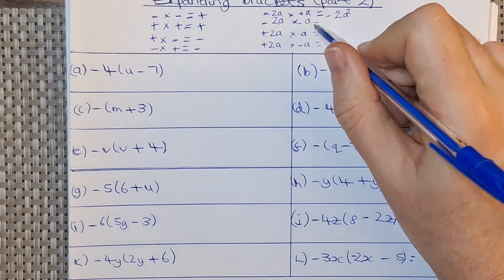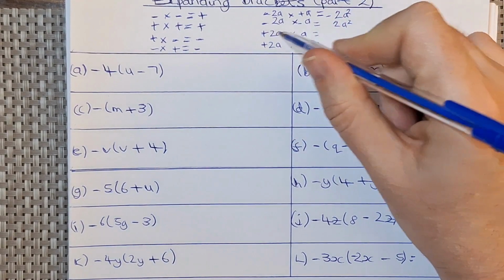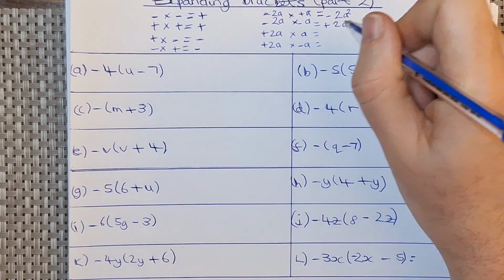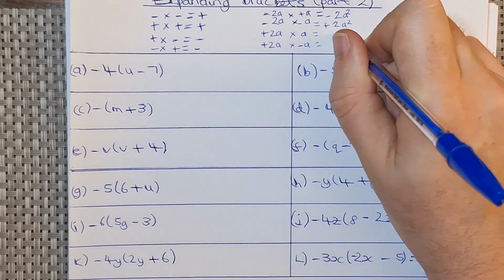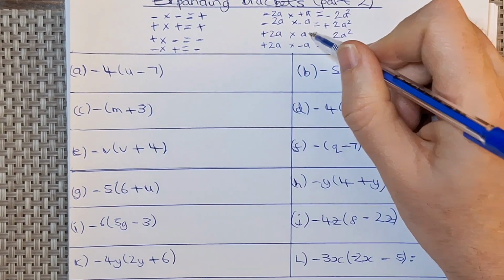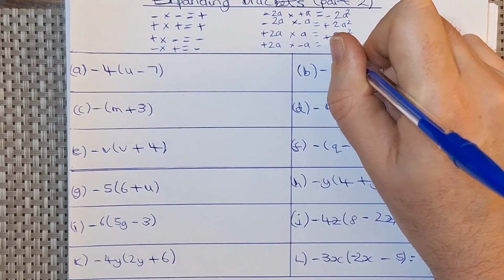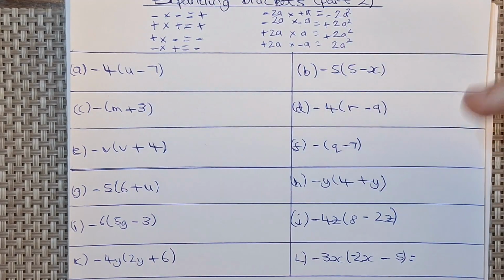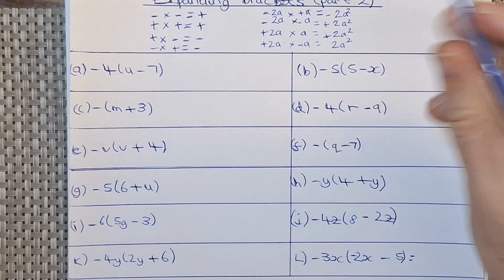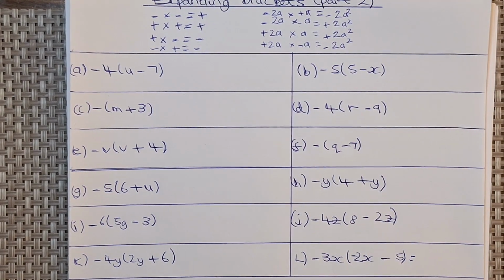Again, 2a squared on each of them. A negative times a negative is positive 2a squared. Positive 2a times positive a is positive 2a squared. And a positive times a negative is negative 2a squared. Okay, so that's our rules, and let's apply them now.